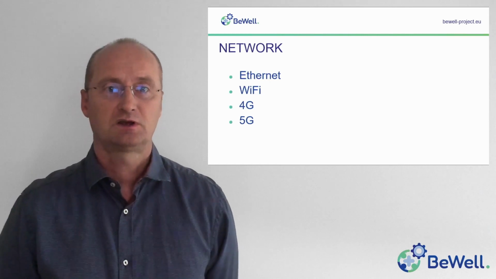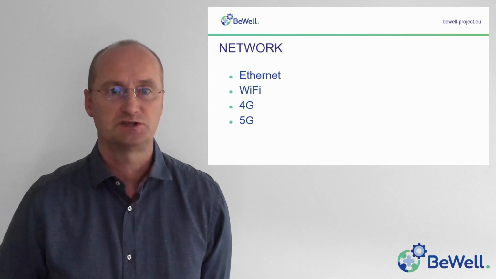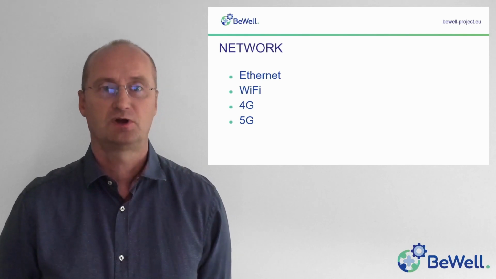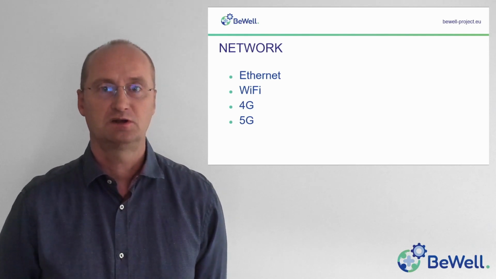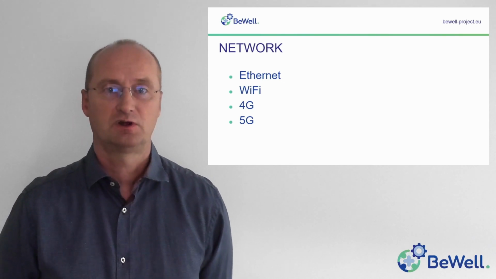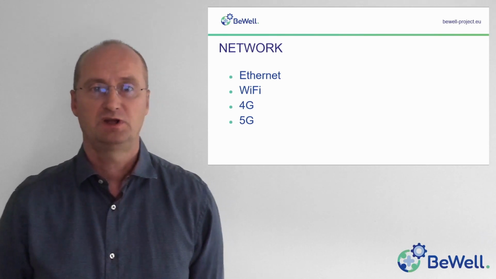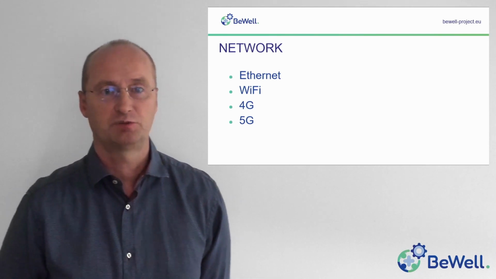Basically, we can distinguish between 2 different basic technologies: wired networks, where one needs network cables to make it work, and wireless networks that use radio signals to transmit their information.